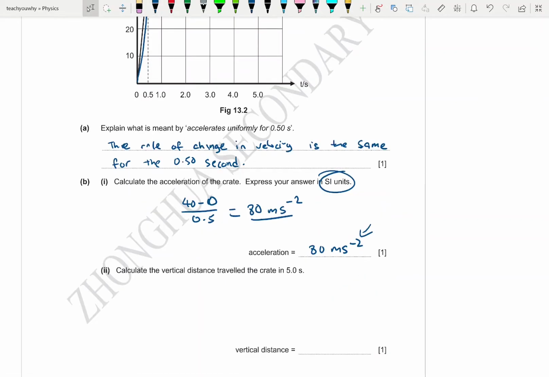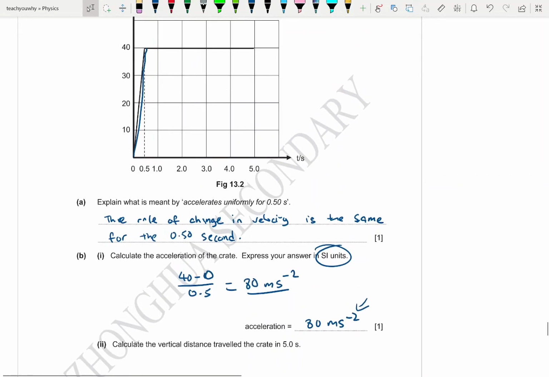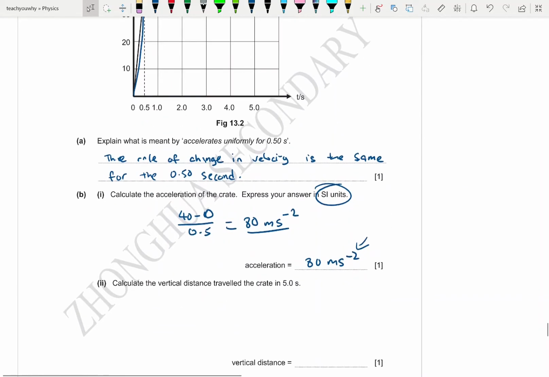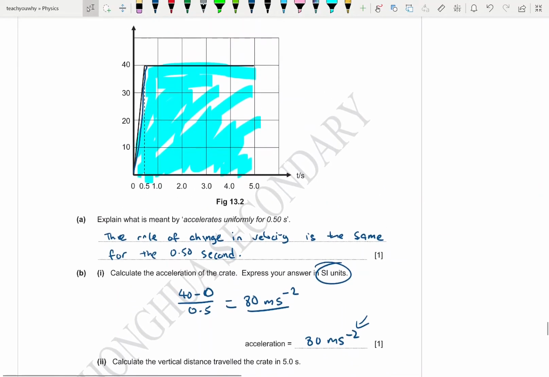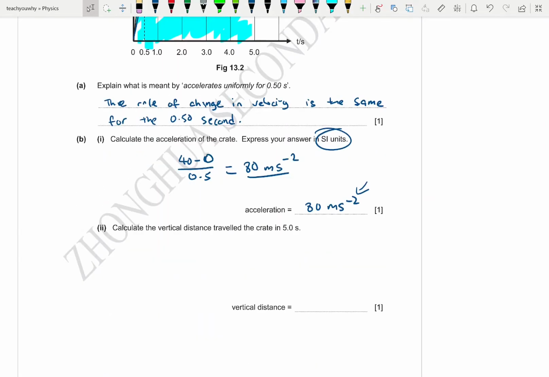Calculate the vertical distance traveled by the crate in 5 seconds. So in order to find the vertical distance, we find the area under the graph, so the entire area here. This is a trapezium, so half times the sum of parallel sides, half times 0.5 plus 1.45, times the height, which is 40.